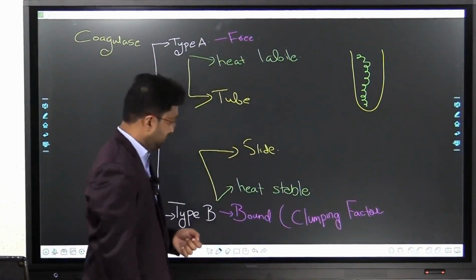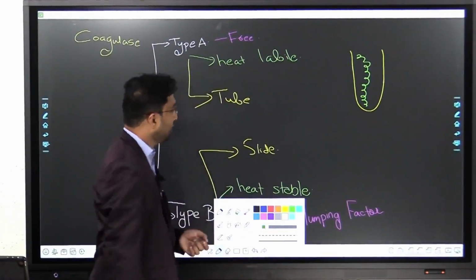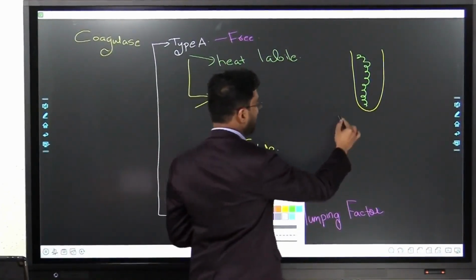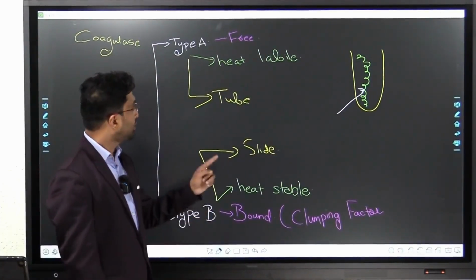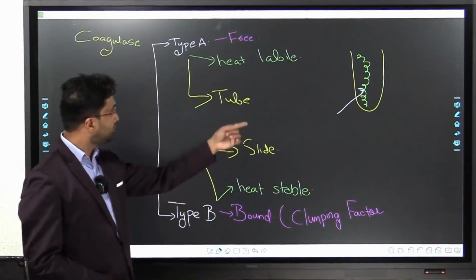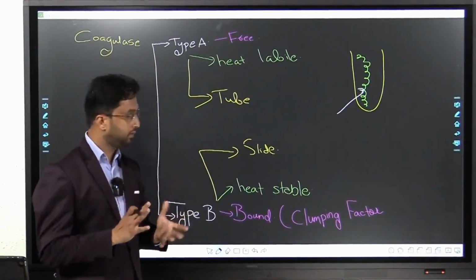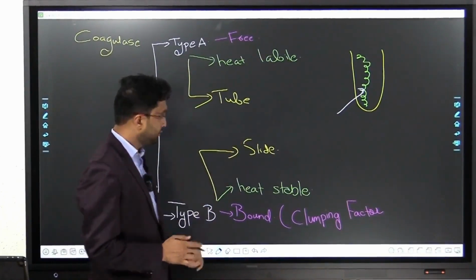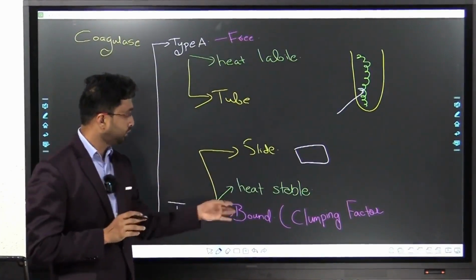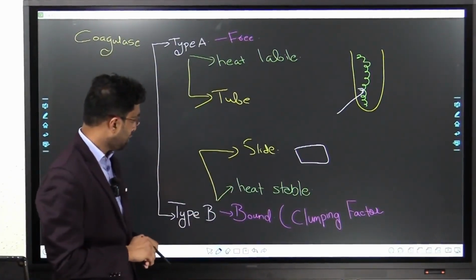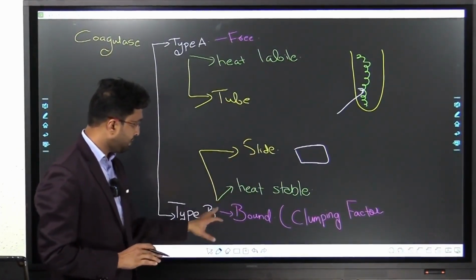If you heat a test tube, it will burst, which means it is heat labile. That's how you can remember it: free coagulase, tube coagulase test, heat labile. The exact opposite is the slide. The slide is much more resistant to heat. It forms the basis for the slide coagulase test, it's heat stable, and it's the bound coagulase or clumping factor.